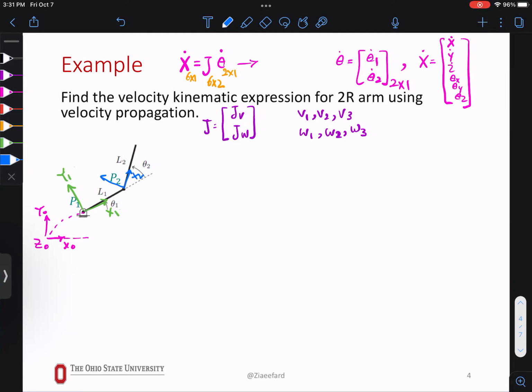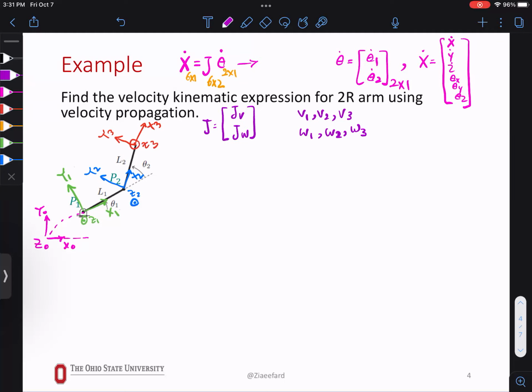So x2, y2, and z2 in this direction. V1, this direction. And then this is my end effector, right? Because we want to know the velocity here, this is x3, z3, and y3. There is no rotation here, but to be consistent, I'm going to keep z in this direction. So they're all in the same direction.